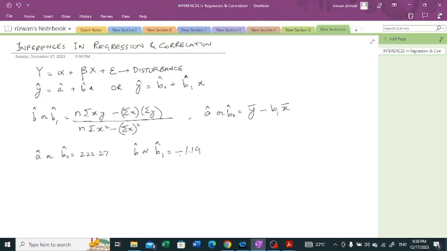This negative sign with the slope indicates that there is an inverse relationship between these two variables, age and peak heart rate.